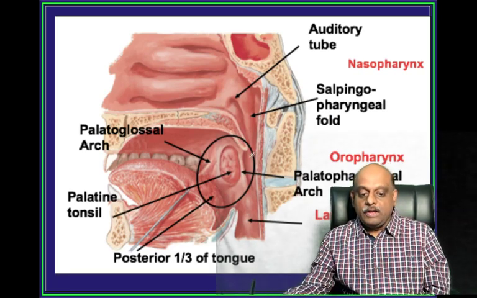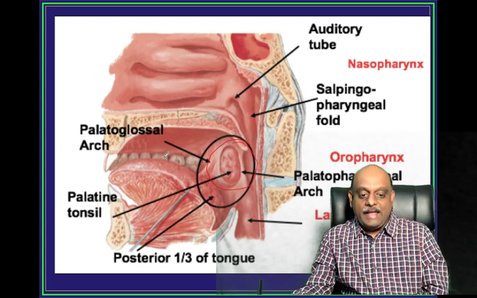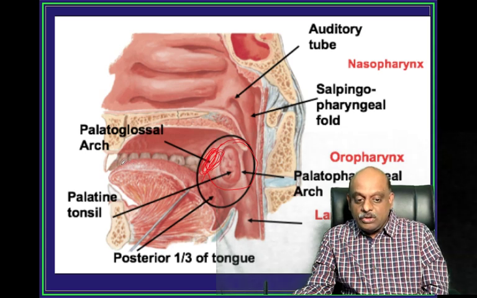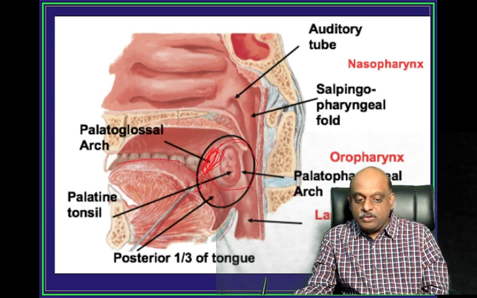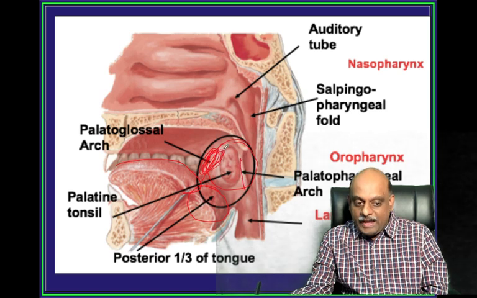Then we have the palatine tonsil, and this is called the palatoglossal arch. In close relationship to that, the posterior 1/3 of the tongue is located. So between the palatopharyngeal arch and the palatoglossal arch, you have the palatine tonsil.